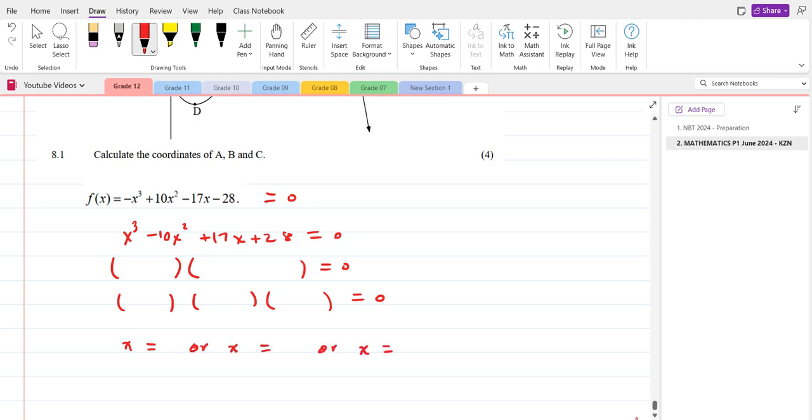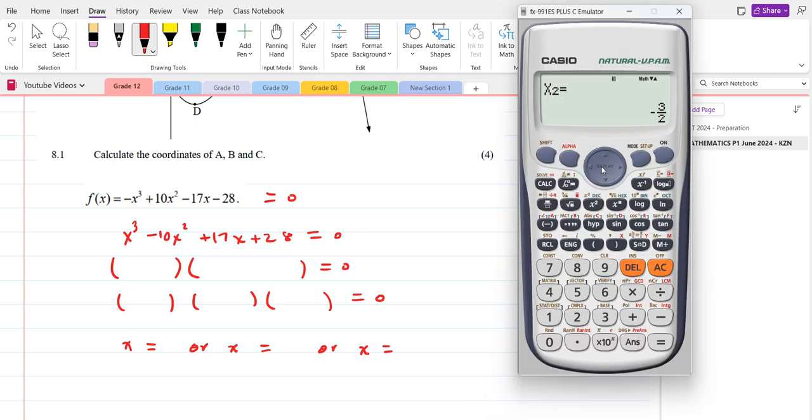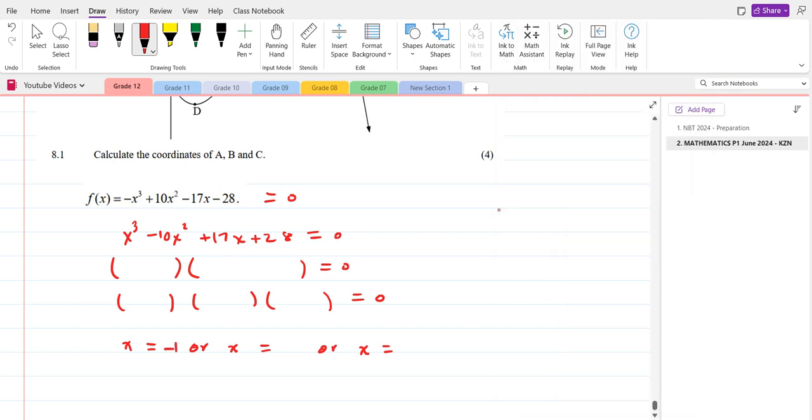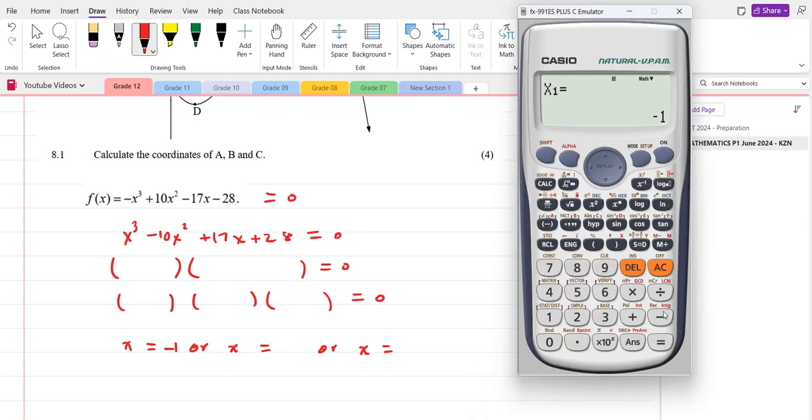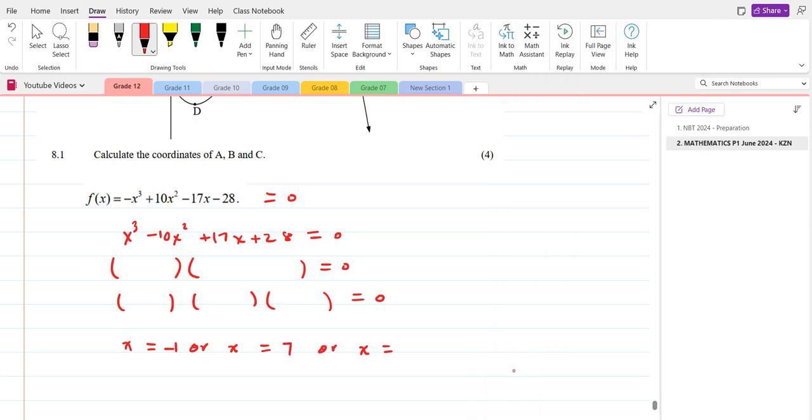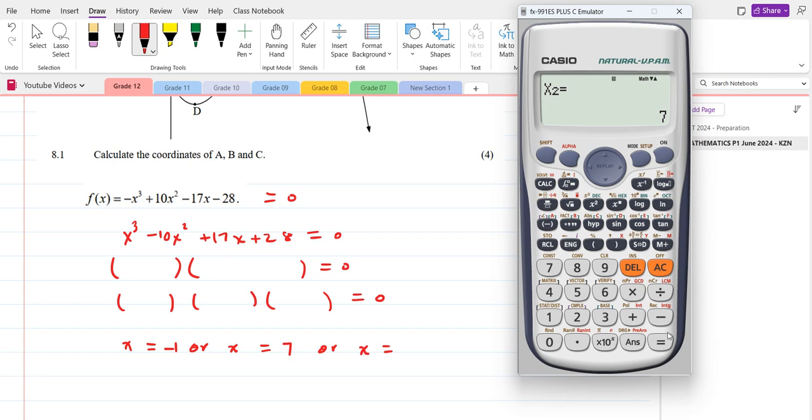Now we're going to use a calculator. So this is how we do it: mode 5 and 4. So 1, what's the value for b? Minus 10. Then c value 17. Then d value 28. That's it. And let's write down all the answers. That's negative 1, then 7, and then 4.